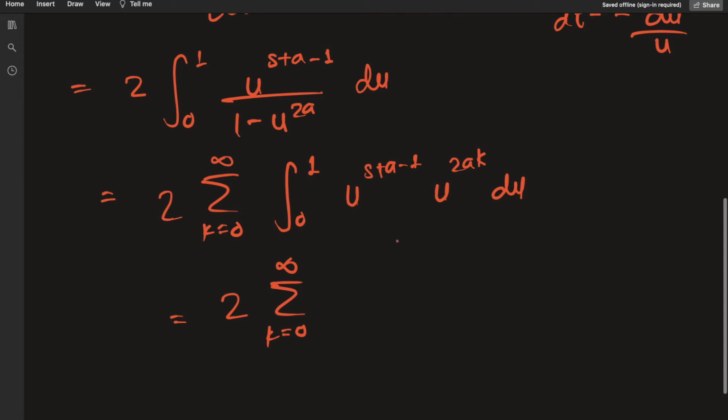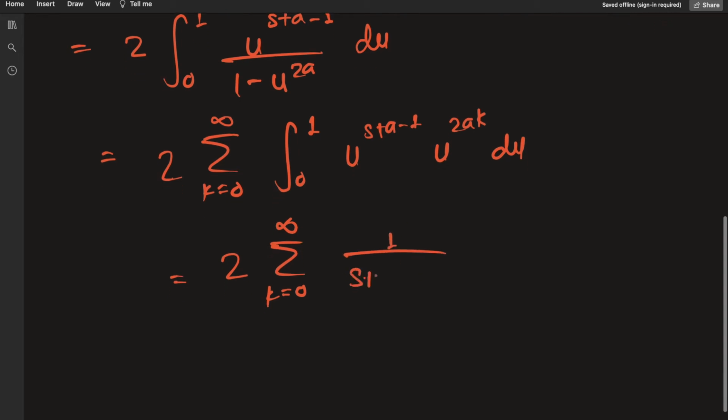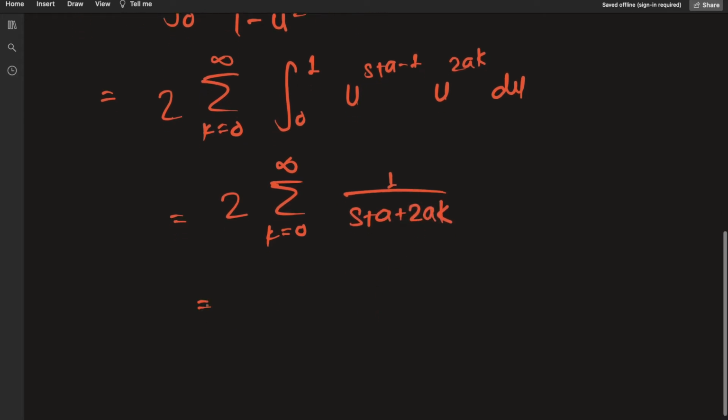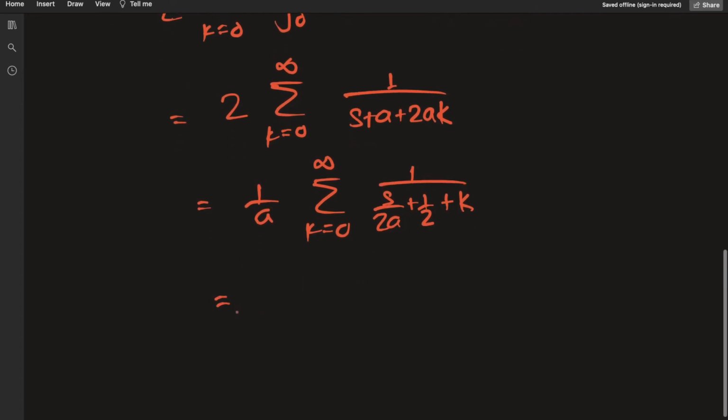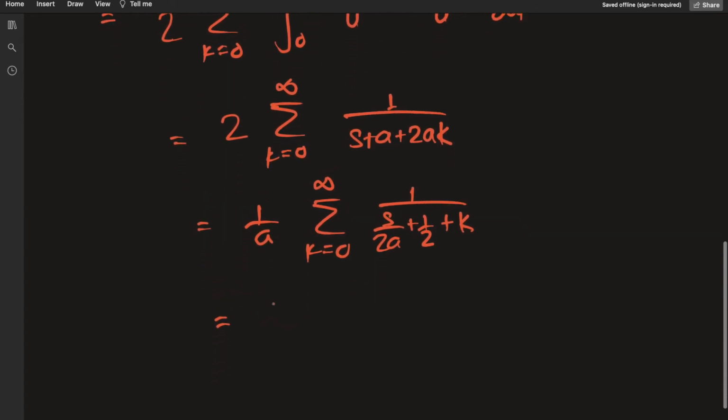After evaluating, we just get 1 over s plus a plus 2ak, divided by 2a, so we get 1 over a, sum from k equals 0 to infinity, 1 over s over 2a plus 1/2 plus k, and now we can use the Lerch transcendent, I think.